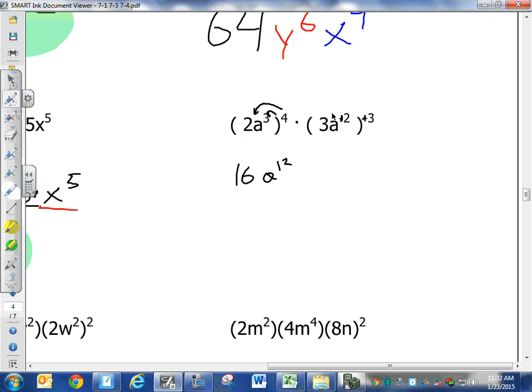It's not 3 times 3, it's 3 to the 3rd. That's 27. It's not a squared plus 3, it's a squared, a squared, a squared, that's a to the 6th.